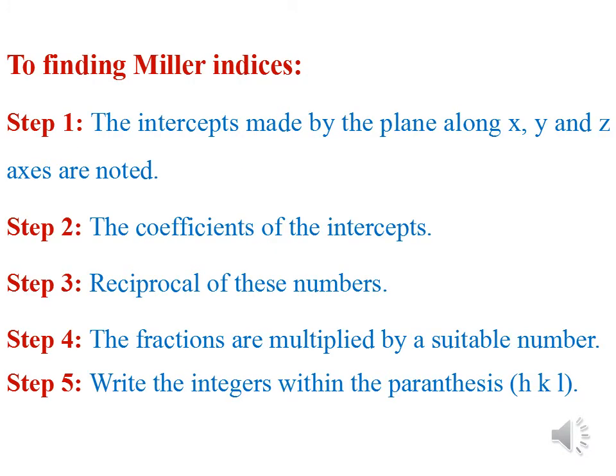To find Miller indices, there are 5 important steps. Step 1: find the intercepts made by the given plane along the 3-dimensional axes, OX, OY and OZ, noting the 3 intercept values OA, OB and OC. Step 2: the coefficients of the intercepts are noted separately. Step 3: take the reciprocal of these intercept numbers.